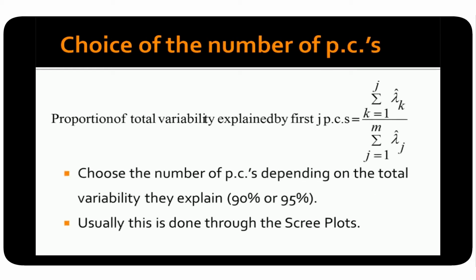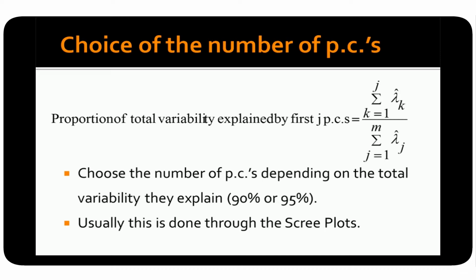So, the sum of the lambda j hats would be acting as the total sum of squares, and we can look at the individual lambdas, and the ratio would give us for each of the principal components the amount of variability that particular component explains. So, the first k principal components will explain lambda 1 hat plus lambda 2 hat, etc., up to lambda k hat out of the total of lambda 1 hat to lambda m hat.